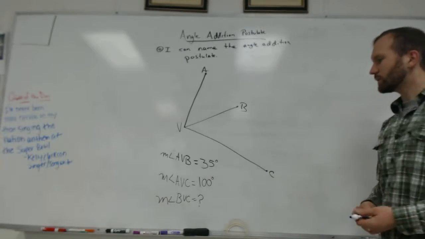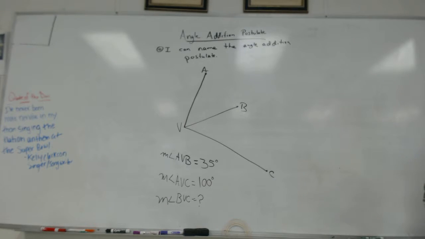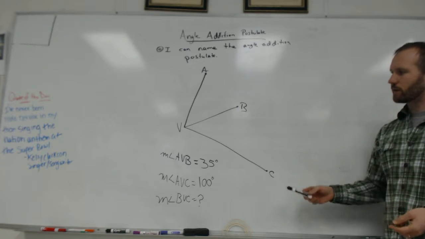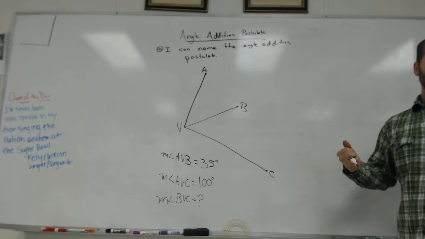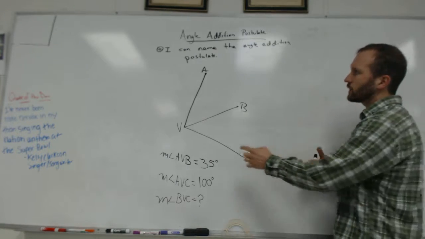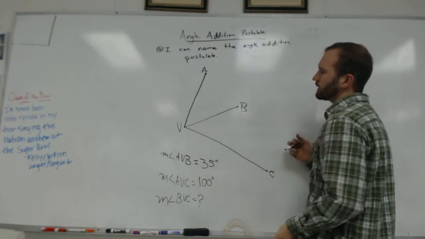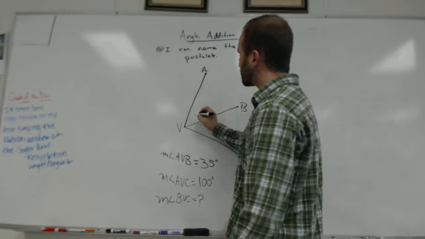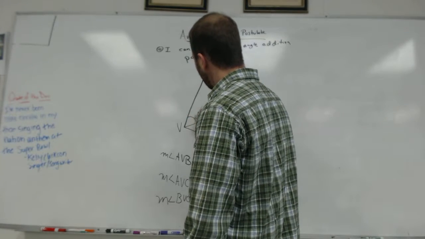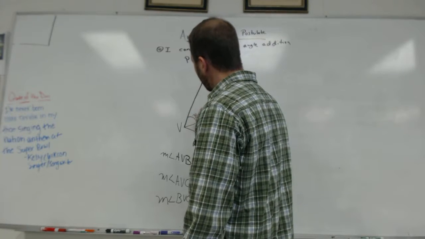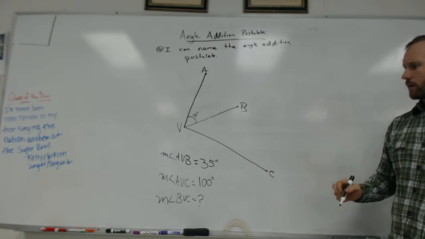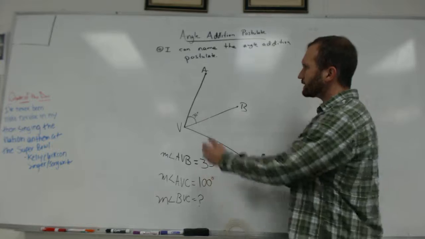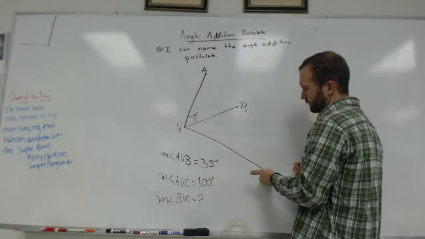Look closely at what it tells you. What I would recommend you do with these problems is actually label everything. So the measure of angle AVB is 35. So I would start by going like this. Here's AVB. That's 35 degrees. Right? AVC, that's this whole thing.